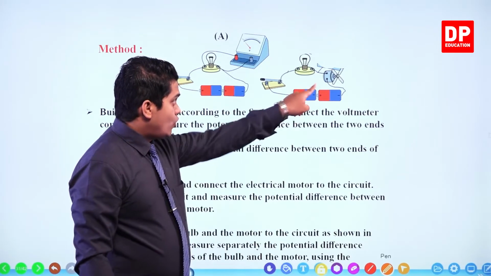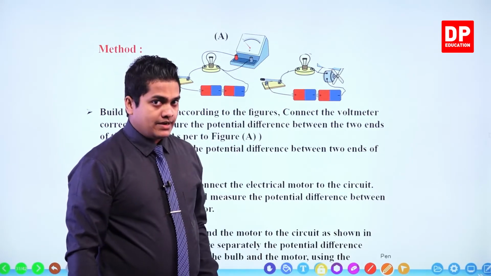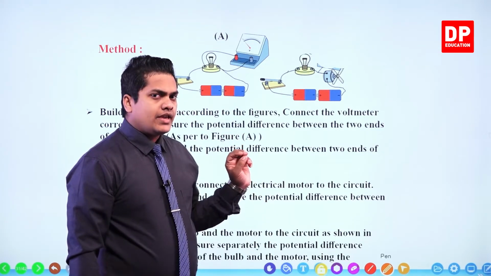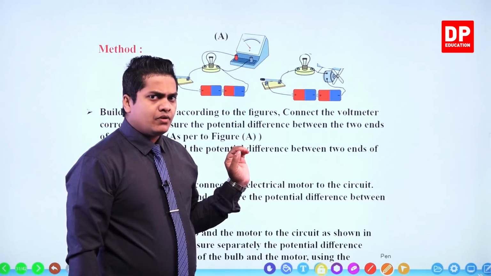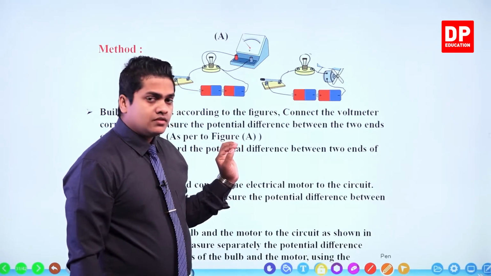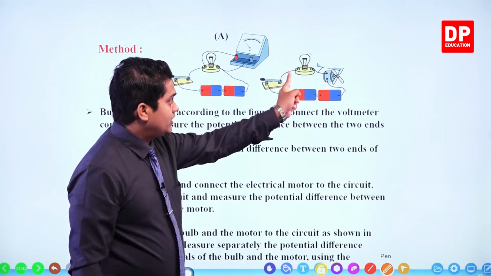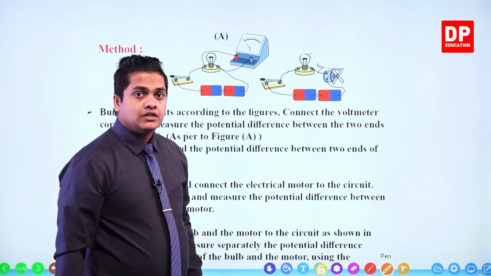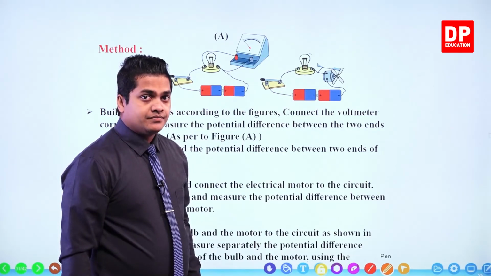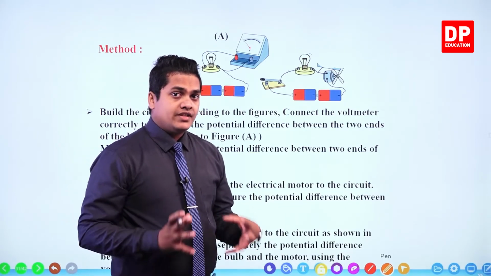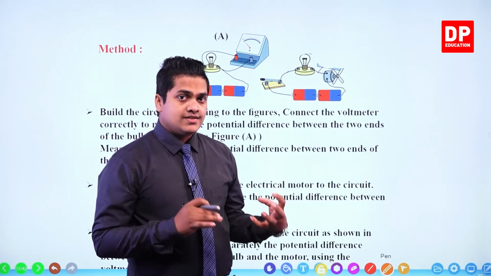Observe the motor and the bulb separately in here. Observe it very clearly. Can you identify what type of connection is there? Can you identify the connection between these two, here and here? It's easy to identify whether it is a parallel connection or a series connection.